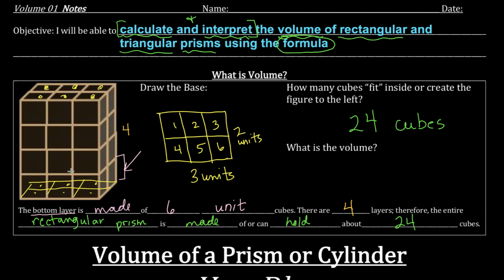So I'm going to rephrase this again. On this bottom portion, there are 6 cubes. And then there are 4 layers. So that means there's a total of 24 cubes. So the volume is 24 cubic units. Cubic, to the 3rd power, right?